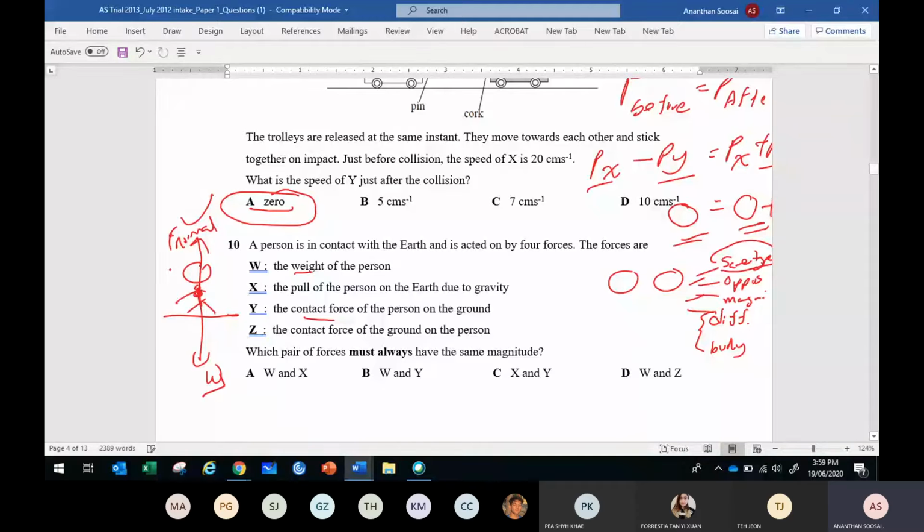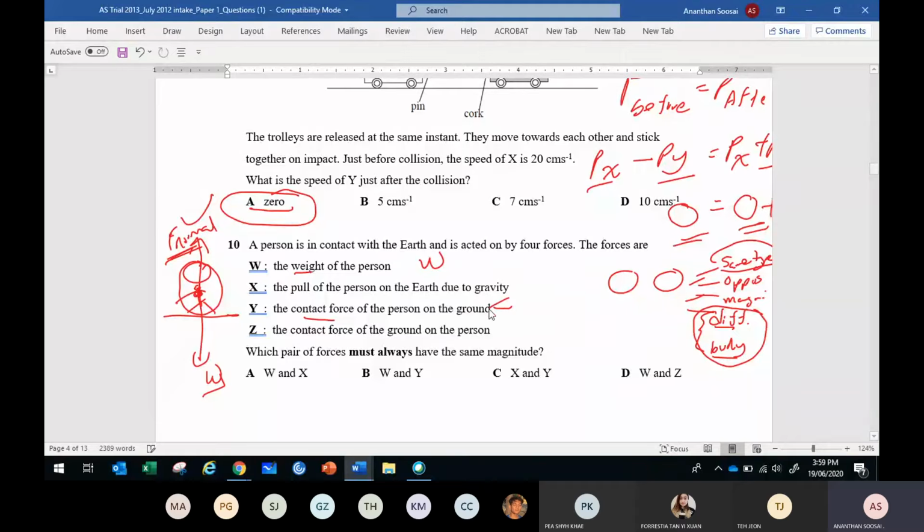So weight and the normal reaction are acting on the same body. Because an action reaction pair must act on different bodies, weight and normal reaction cannot be an action reaction pair.